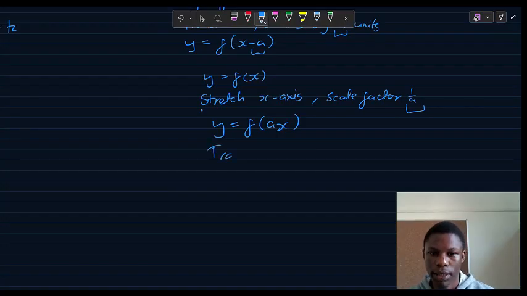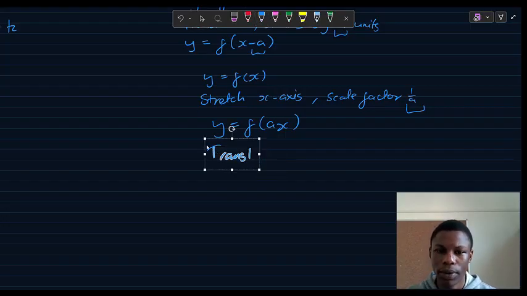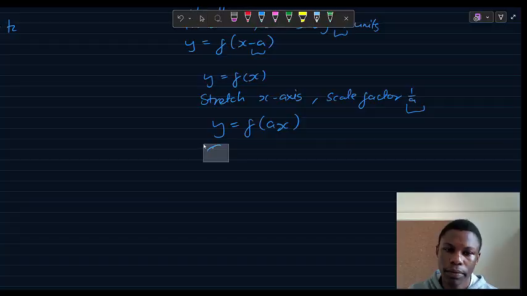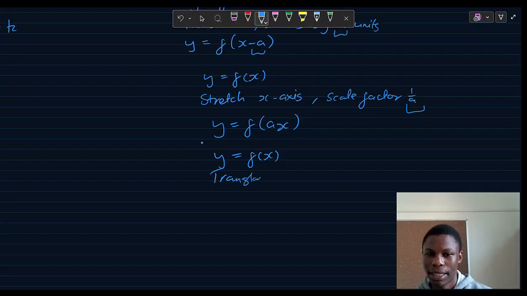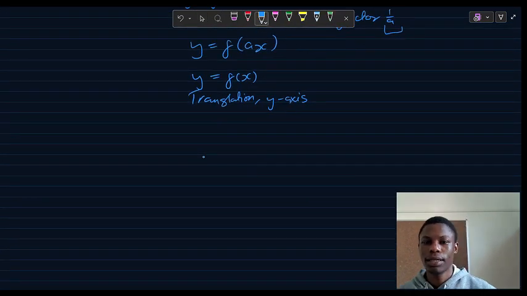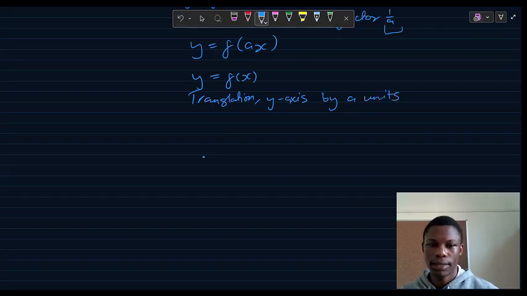And then we can do the same for our y-axis. So translation in the y, again you're starting with y equals f of x. And then if you translate this in the y-axis by a units, this one is exactly as you would expect it to be.